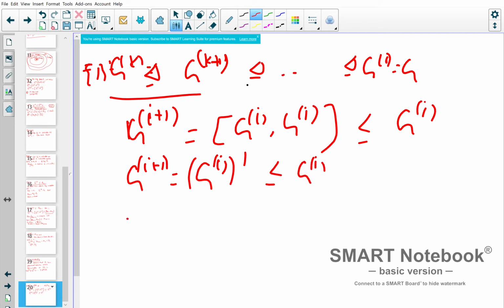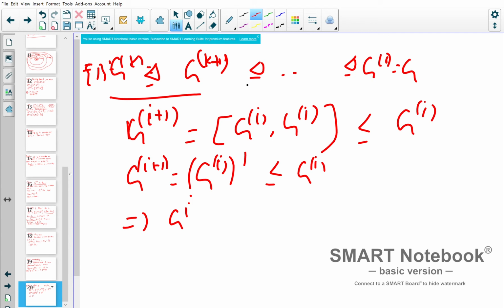So what does that mean? If something is a derived subgroup sitting inside, then this becomes a normal subgroup. Remember? One minute, I should say G(i minus 1) here.